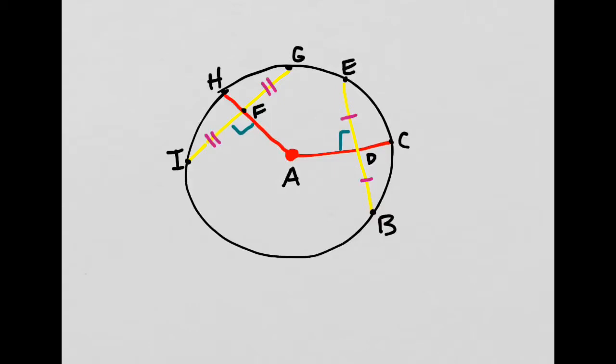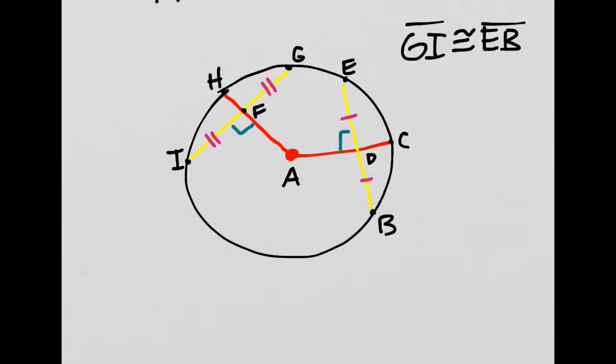Now, if I have more information, let's say I knew that GI was equal or congruent to EB. Let's point this out. This yellow line: if both my chords are equal to each other, they're still bisected because I still know it's a 90-degree angle. If I know that these are equal to each other, there's a lot of information that I then know.